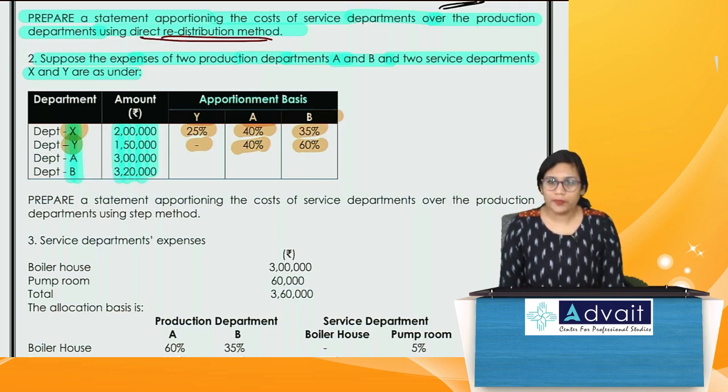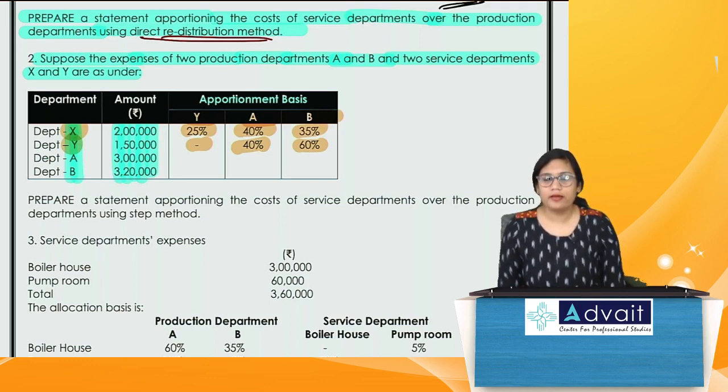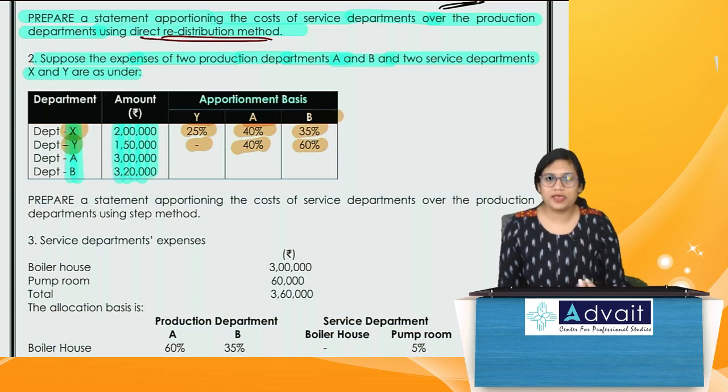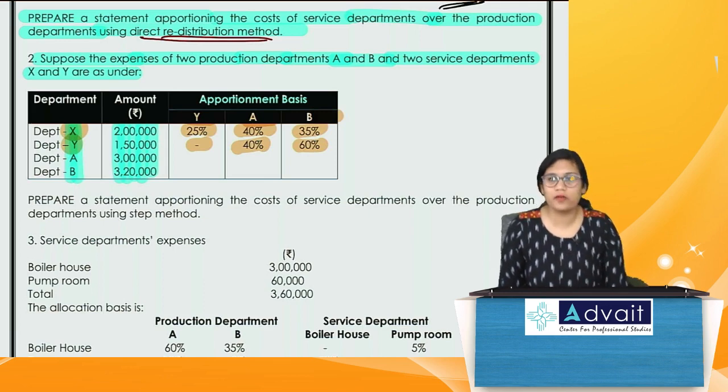Two departments, X and Y, which are service departments, for which they have given apportionment basis for X's cost to Y. But for Y, they haven't given anything in relation to X. So what is the relationship that you can derive between X and Y from this given problem? Anybody? Yes. So Pawan is right.